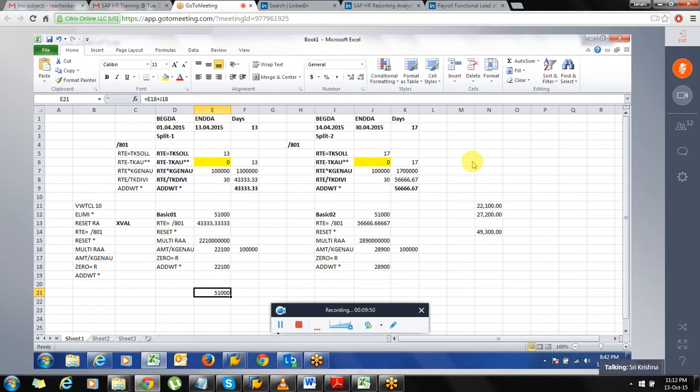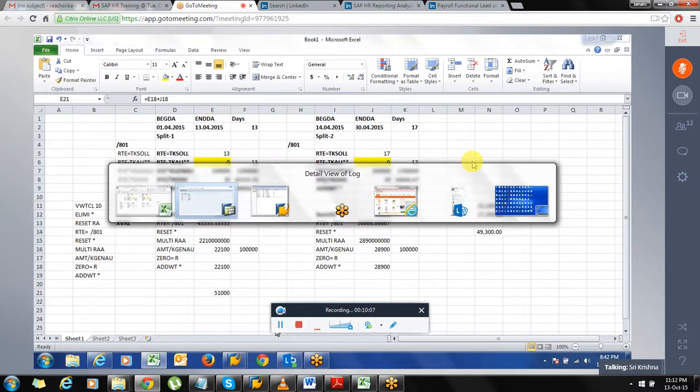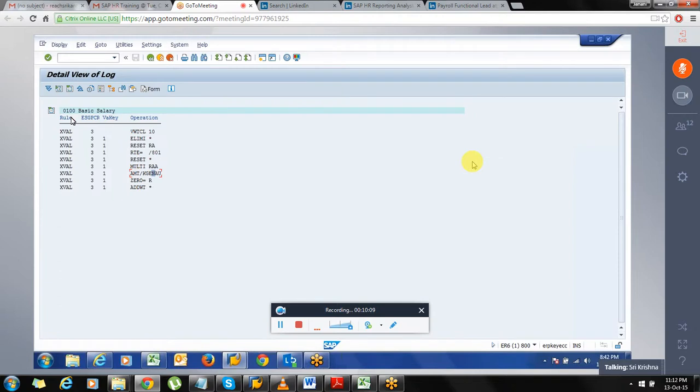So this is the actual calculation happening within the two PCRs, that is XVAL and INP1, that is the factoring PCR. That PCR will calculate the rate, and this PCR will multiply with the relevant wage steps based on the processing class 10 we maintain.